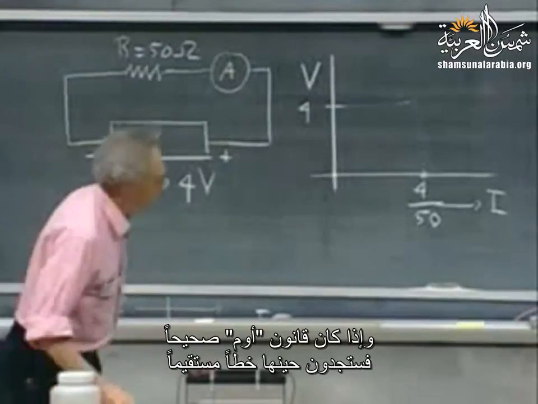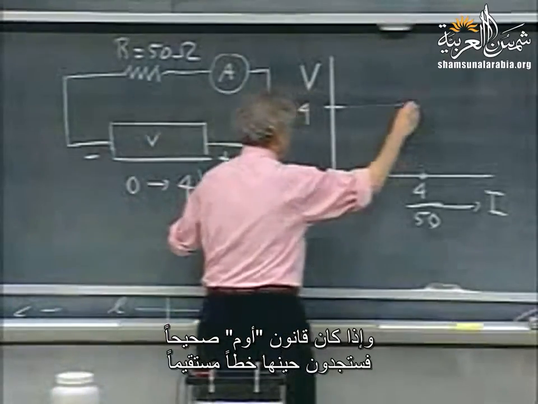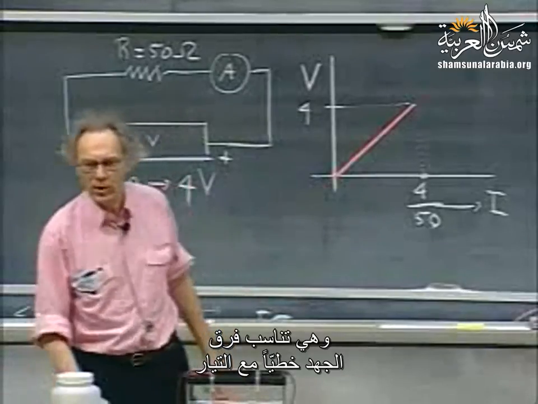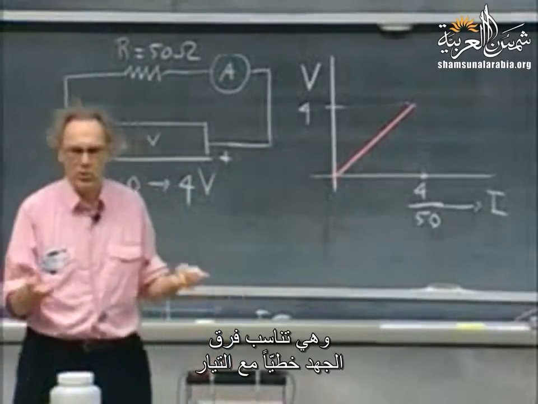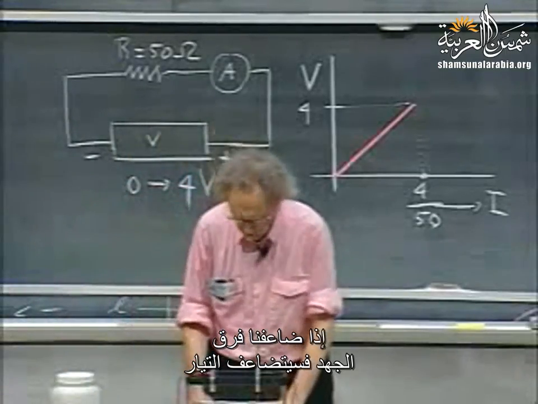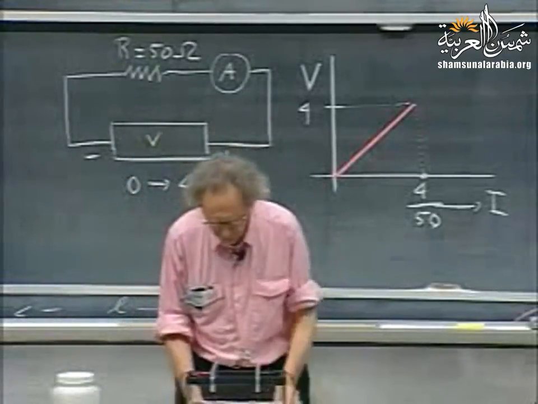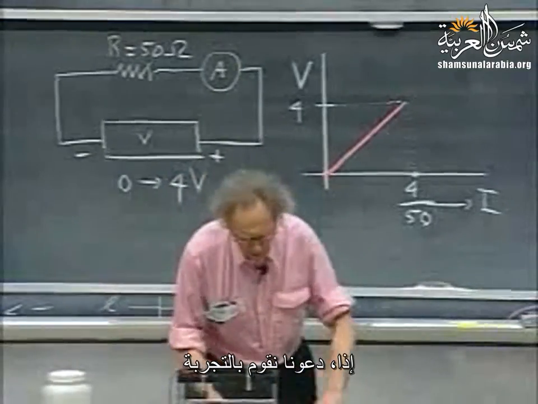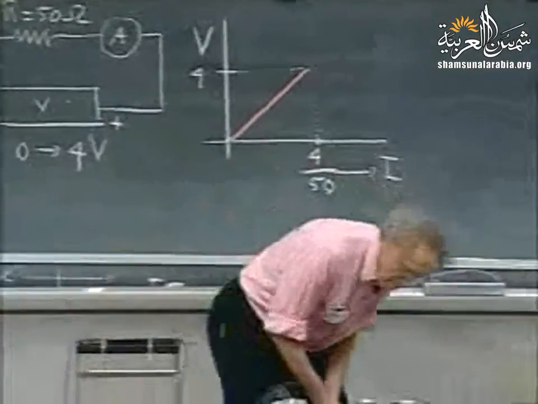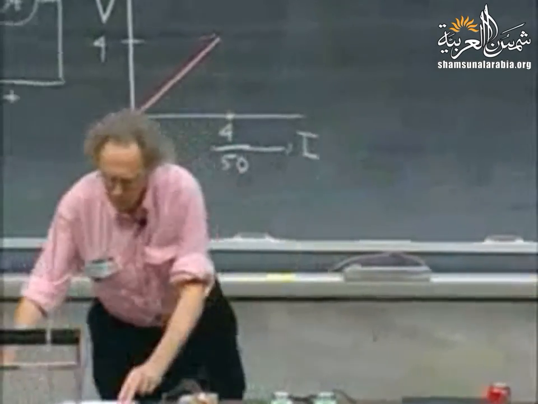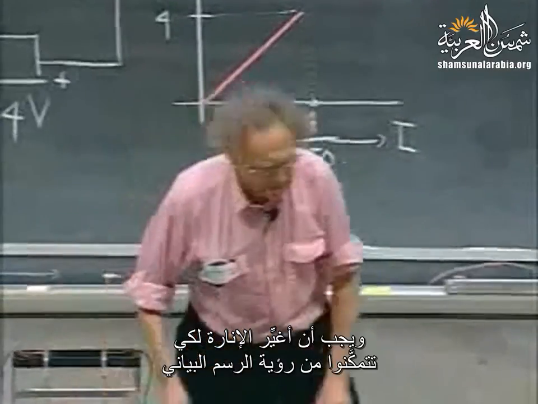And if Ohm's law holds, then you would find a straight line. That's the whole idea about Ohm's law, that the potential difference is linearly proportional to the current. You double the potential difference, your current doubles. So let's do that. Let's take a look at that. You're going to see that there. And I have to change my lights so that you get a good shot at it.